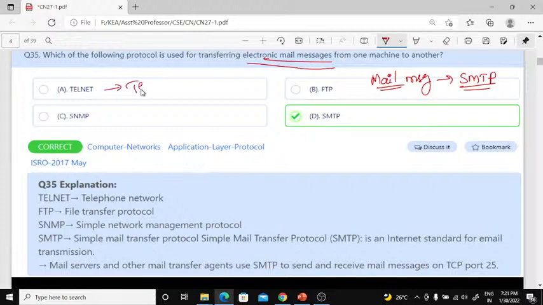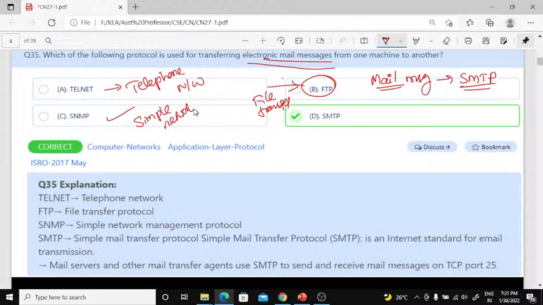FTP is the File Transfer Protocol. SNMP is the Simple Network Management Protocol. And SMTP is the Simple Mail Transfer Protocol.